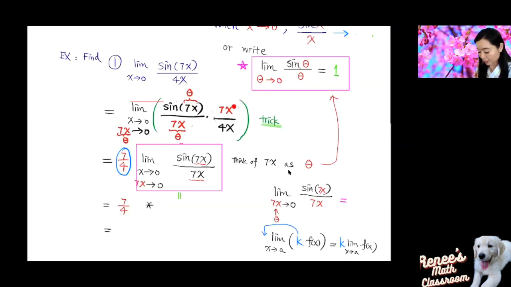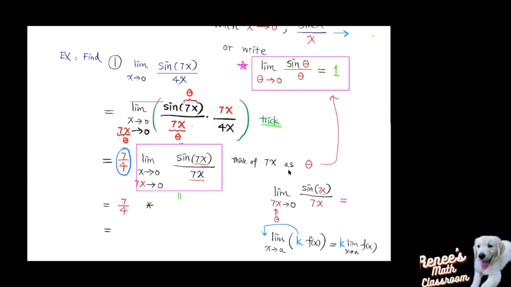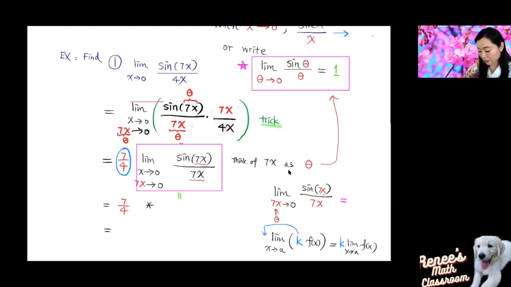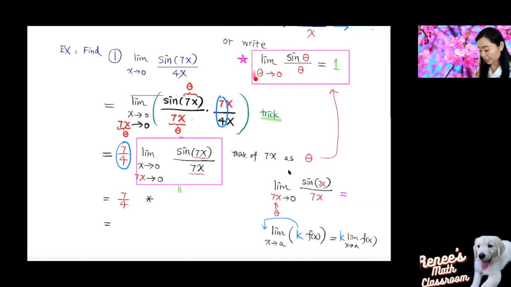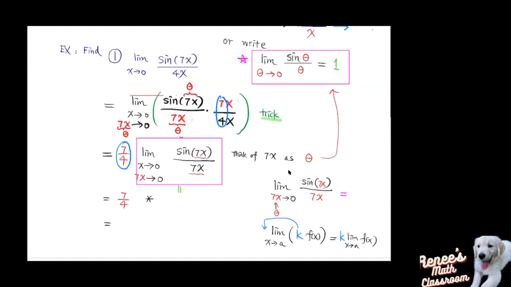Now for this, you can simplify. This is 7 over 4. In fact, you don't need to put the x over here. You can just put 7 over 4. So 7 over 4 here is a constant multiple, so you put that in front right here. And then the limit as 7x goes to 0 of sine of 7x over 7x, and this limit here is equal to 1.